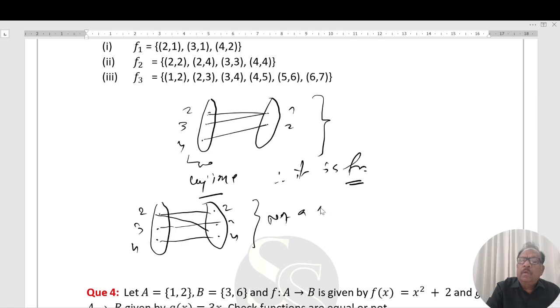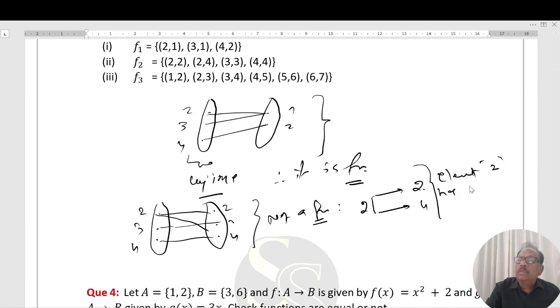Not a function. Reason: element 2 has two images, 2 and 4.